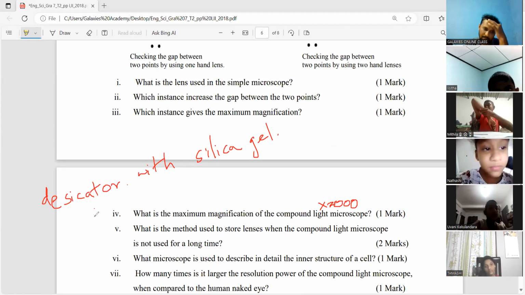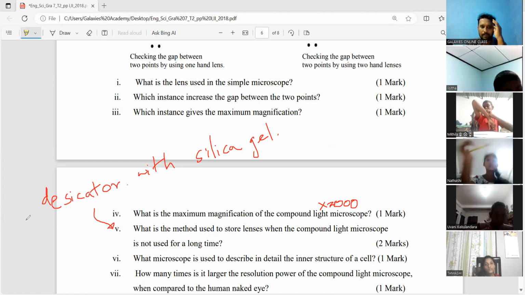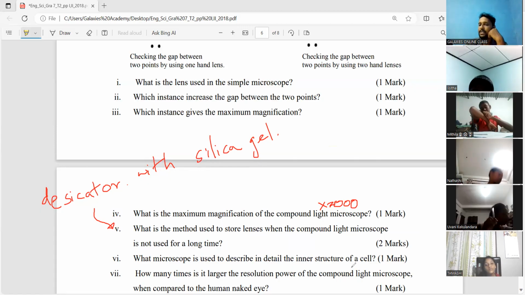Question number 5. Right, number 6. What microscope is used to describe in detail the inner structure of a cell? Which microscope can we use for this purpose?